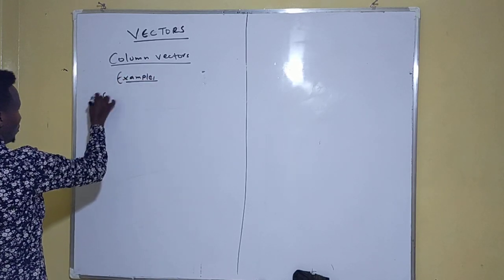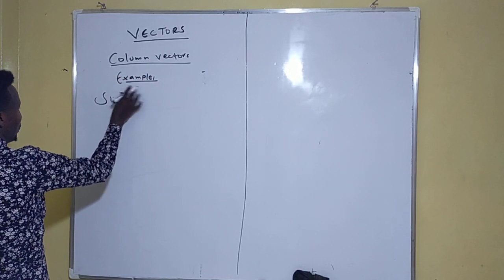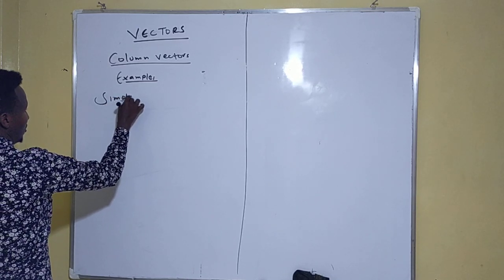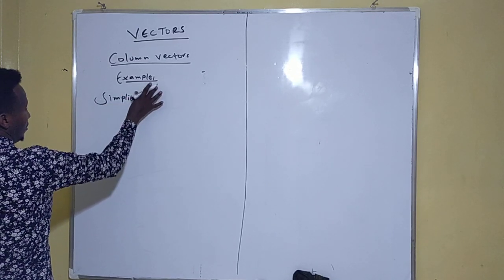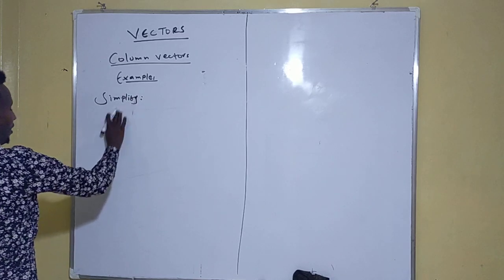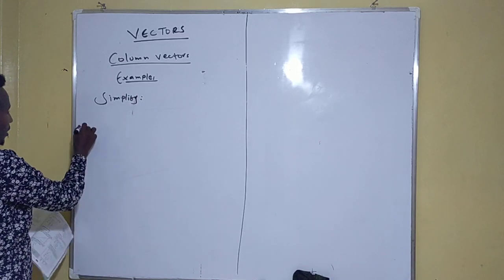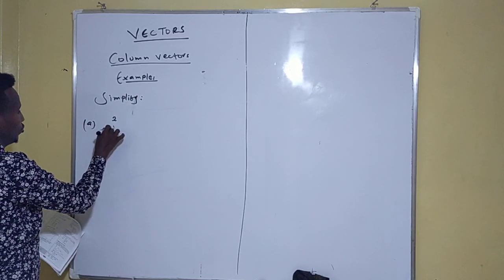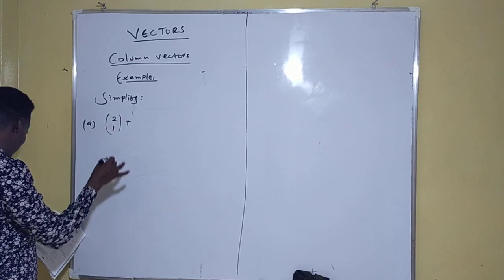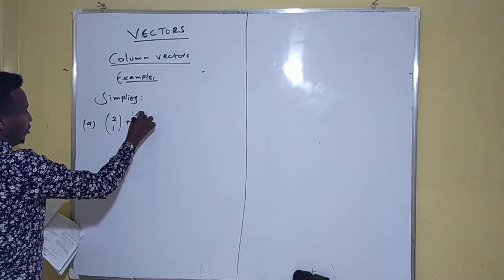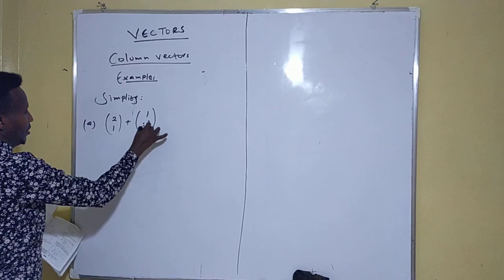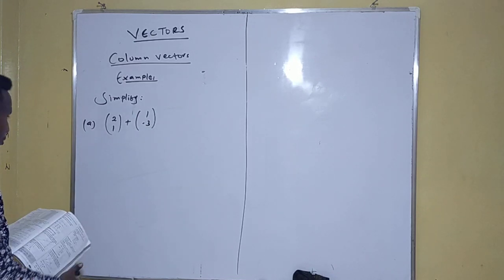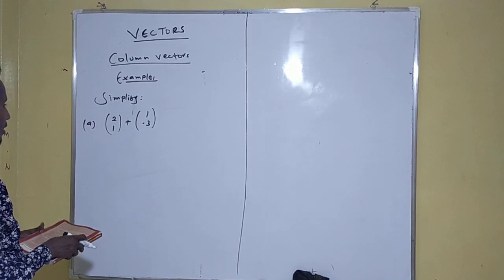You are told to simplify (2, 1) plus (1, -3). If I want to simplify this, it's a matter of adding.